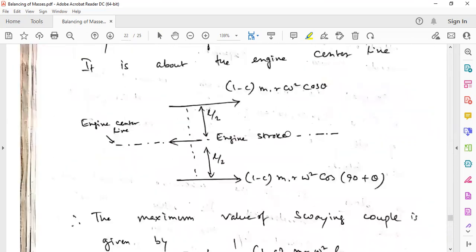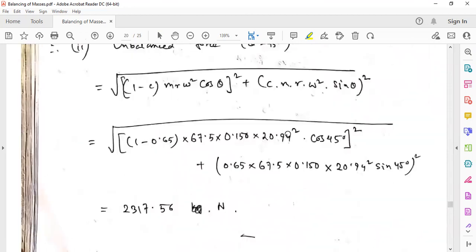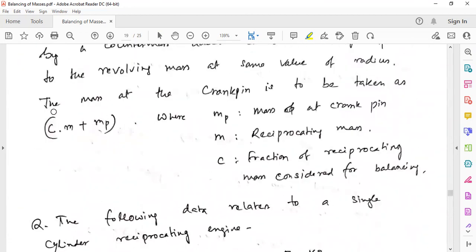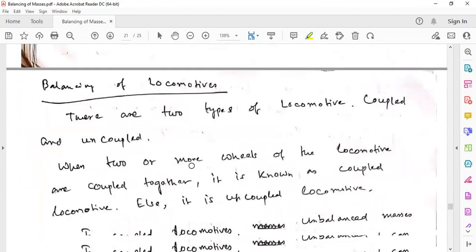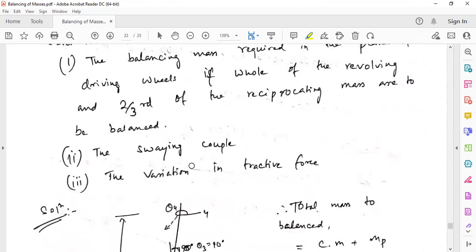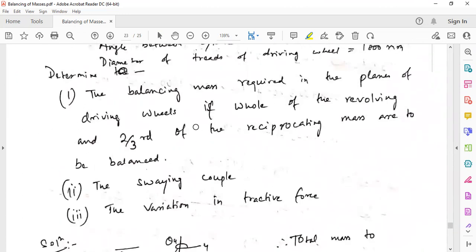Now we have learned previously that for both reciprocating and rotating masses, the total mass that we need to balance can be found from this formula. The percentage is not given in this case. The C value is given as 2/3 of the reciprocating mass to balance.